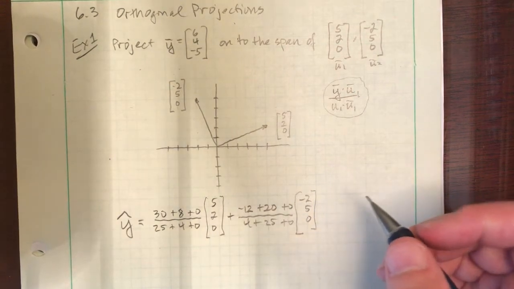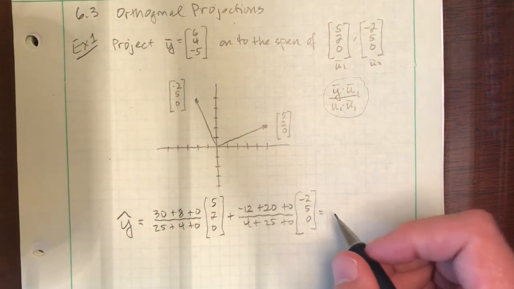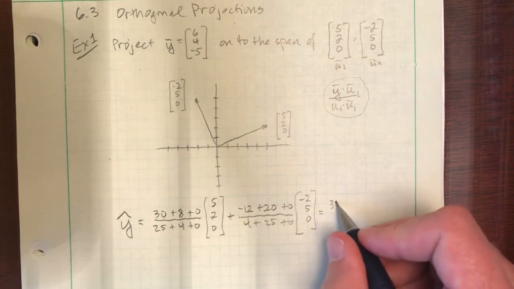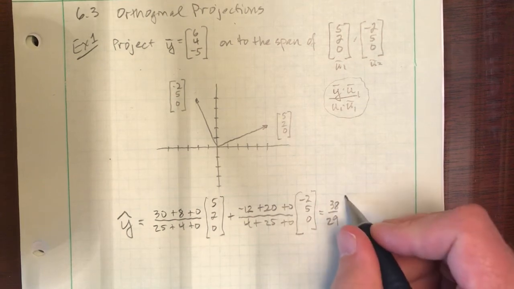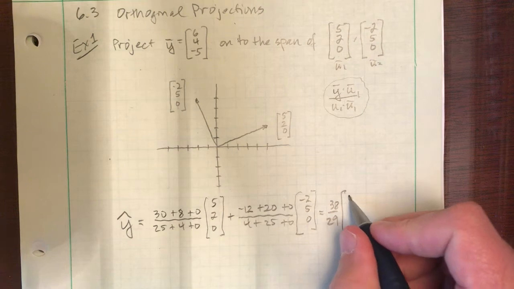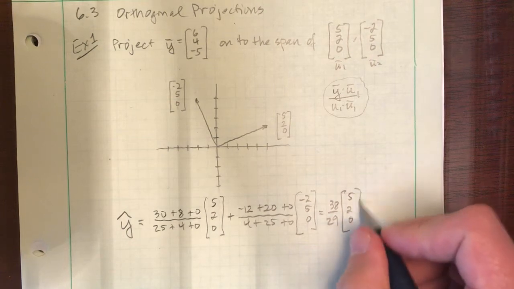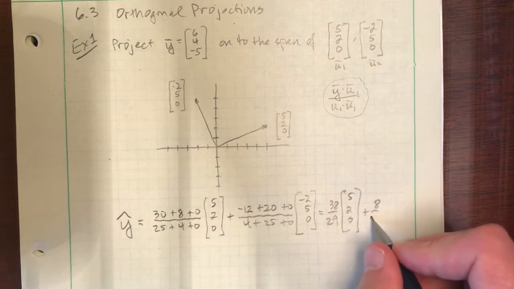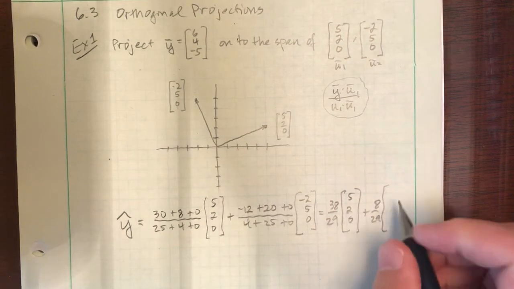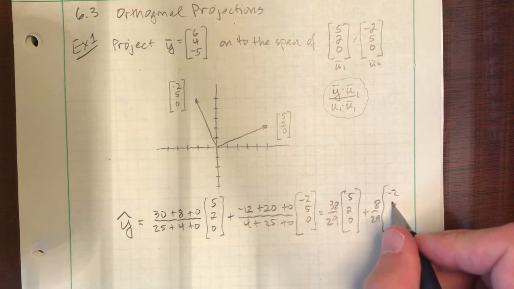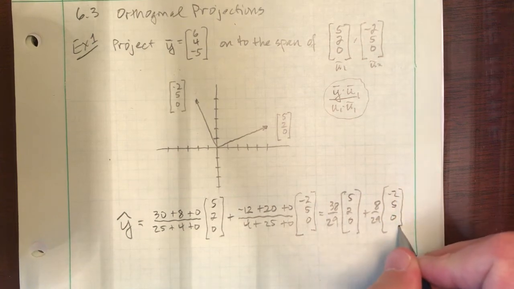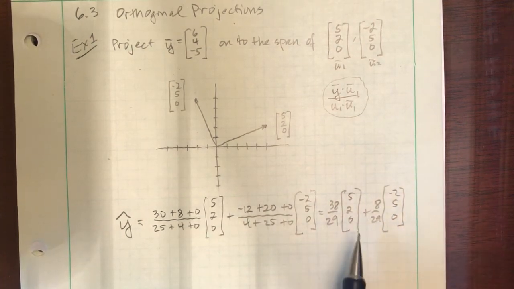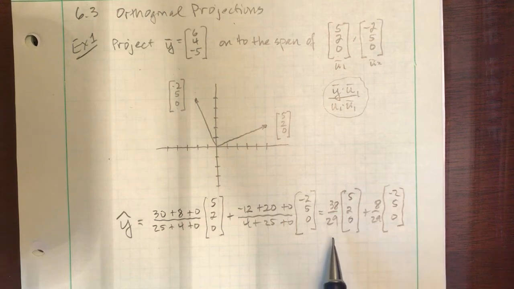So if we clean that up a bit, that ends up being 38/29 times that guy, and then 8/29 times the second one. Now those are some pretty nutty fractions, but believe it or not, I think it cleans up pretty nice.